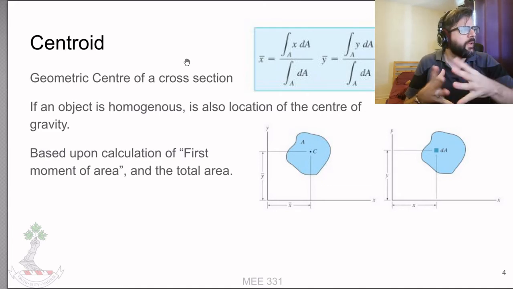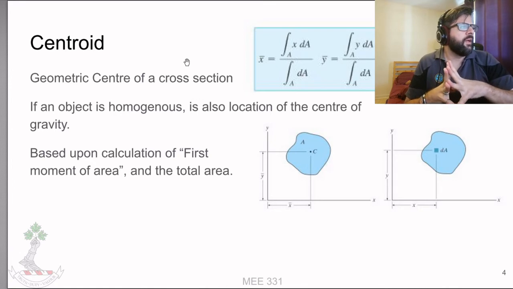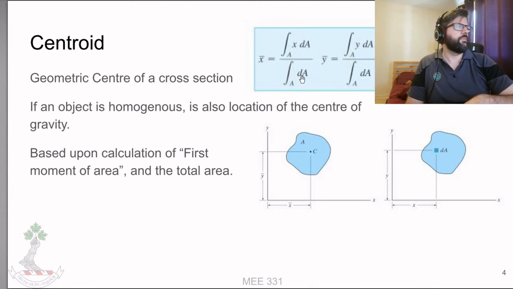So we calculate that based upon the concept of the first moment of area and the total area. Up here, the first moment of area is x dA integrated, and the total area would be just dA integrated over the area.